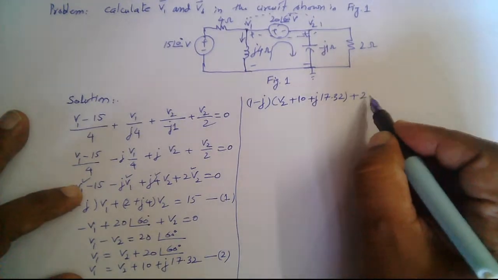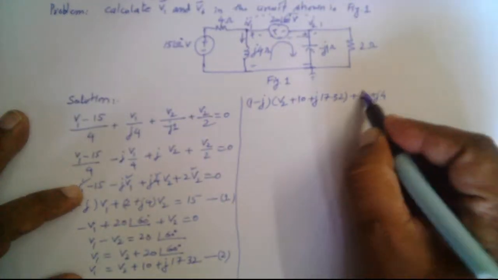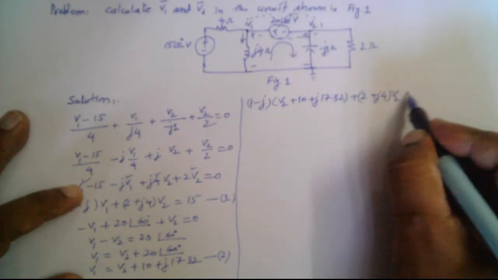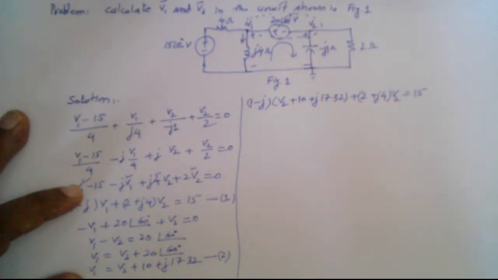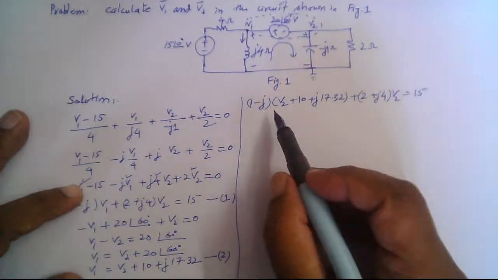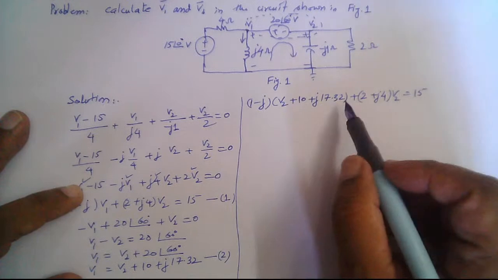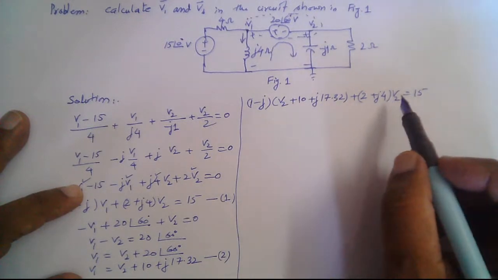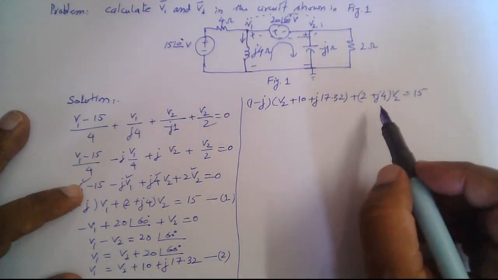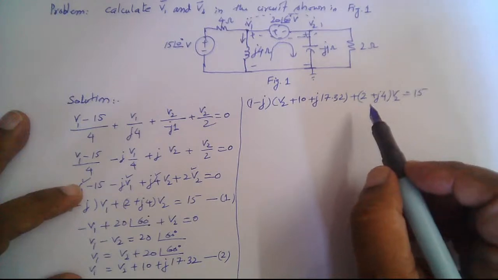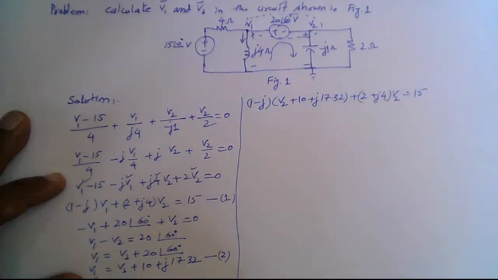Plus (2 plus j4) v2 is equal to 15. So we can now solve this equation. This equation is only in one variable, v2 here, right? So we can solve this equation now and then find v2, and after finding v2 we can substitute the value of v2 here to find v1.